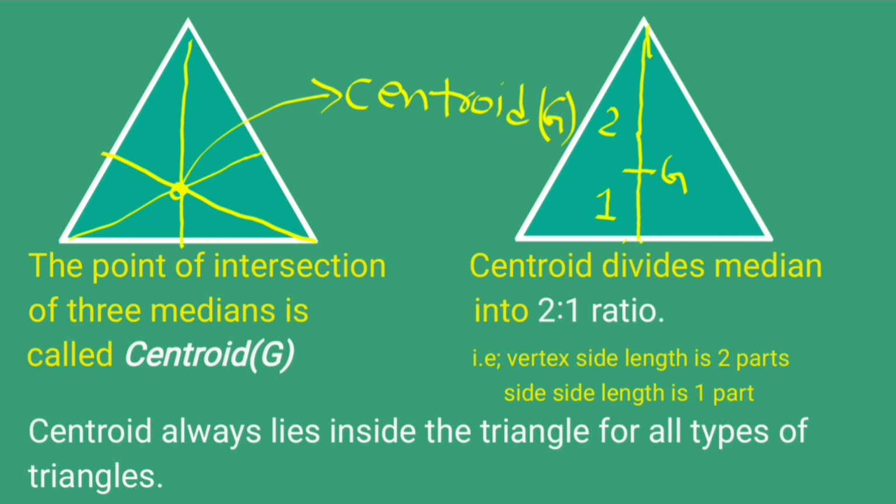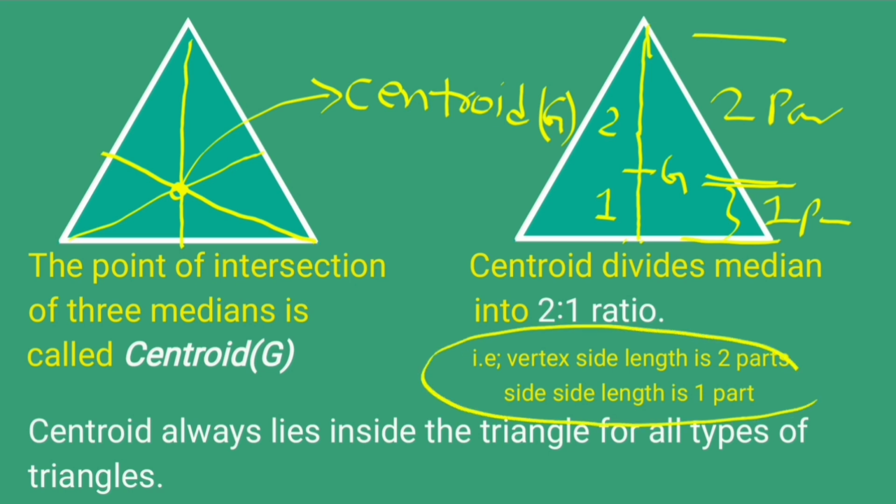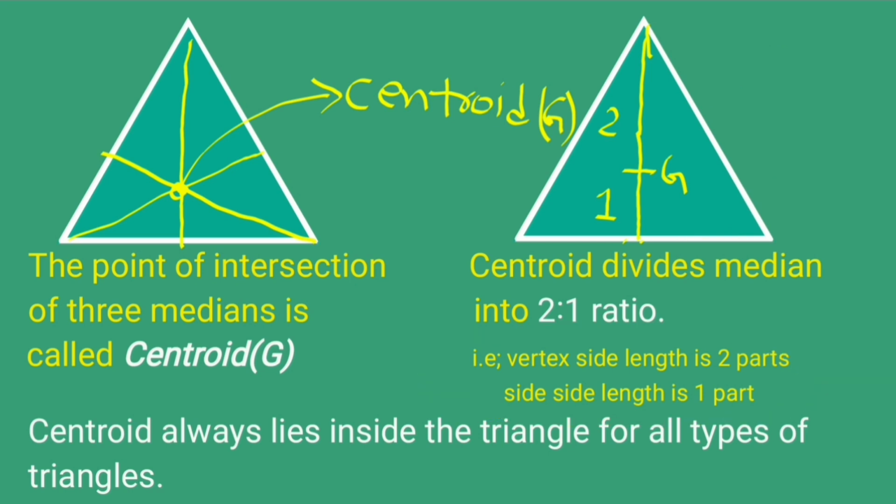This centroid divides this complete median into 2:1 ratio. From centroid to the vertex, length is two parts. From centroid to side, length is one part. Remember this one also. That point is written here. Centroid divides the median into 2:1 ratio. Important point. Remember this point.